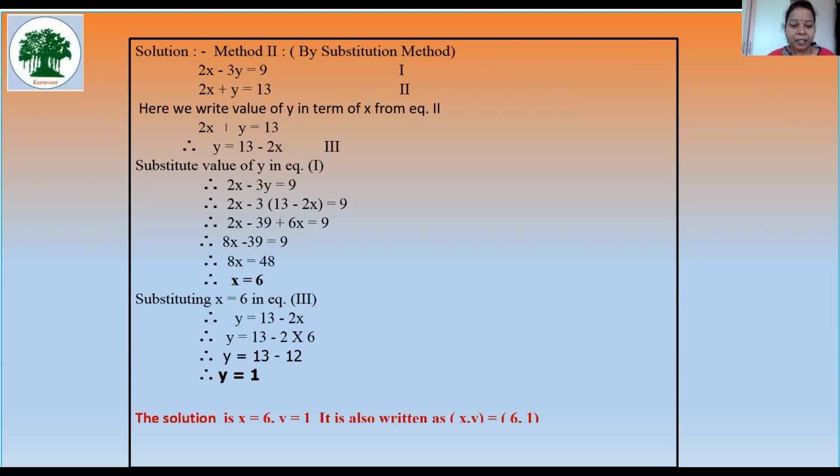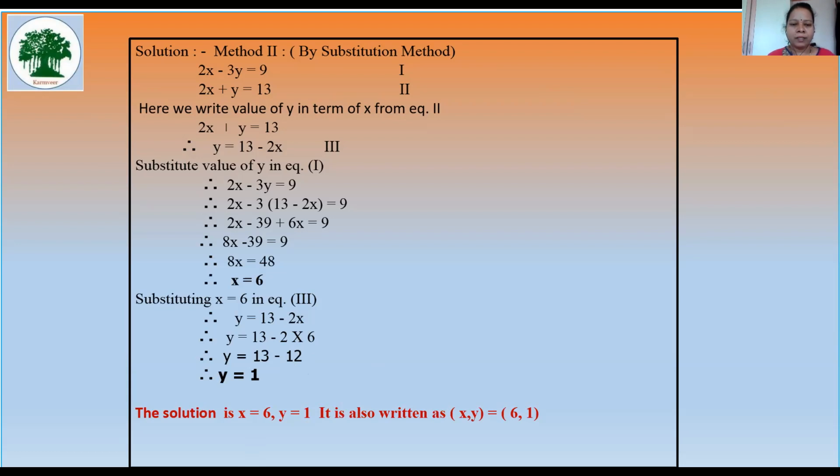So the solution of this simultaneous equation by substitution method is also x is equal to 6, y is equal to 1. That is the same as we found by the method of elimination of a variable by equating coefficients.